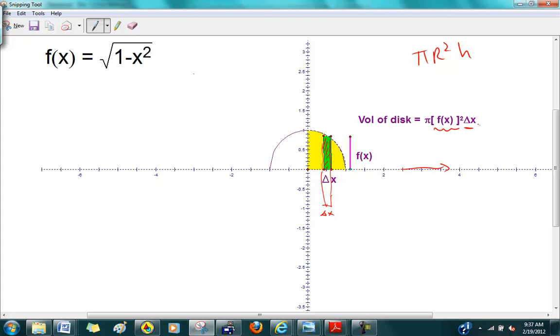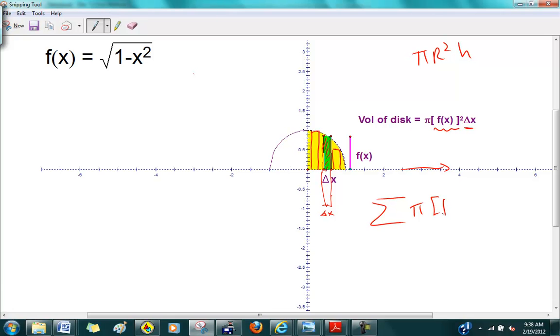If you read your book, it'll tell you that to find the volume of the entire solid, you pick another rectangle, rotate that, pick another one, rotate that, and then you sum them up. So there is your Riemann sum.